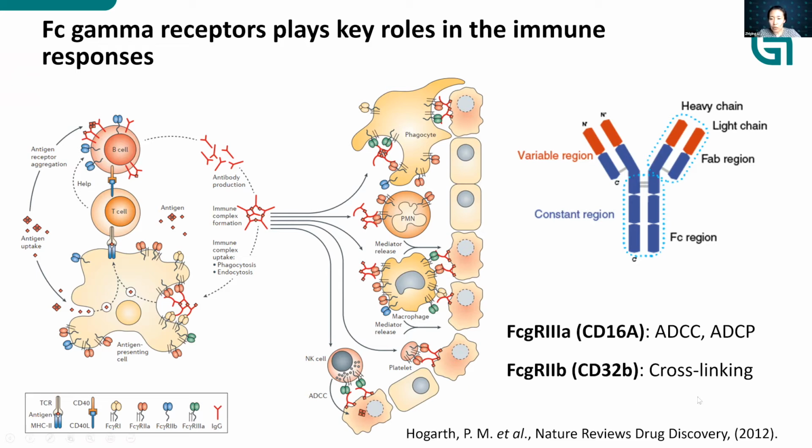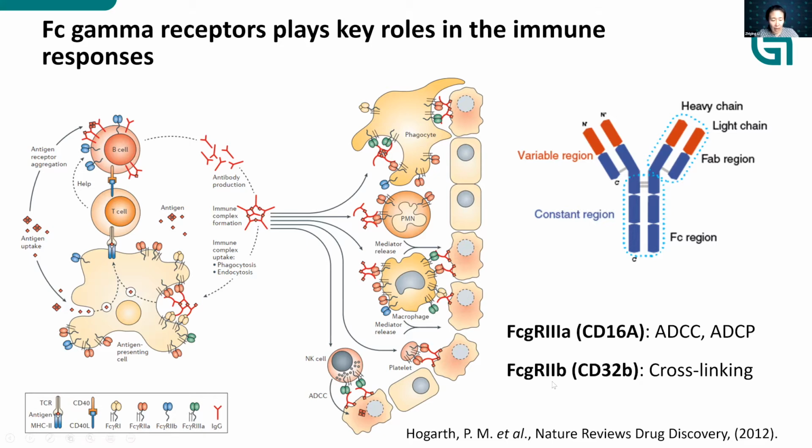I want to give you a short two bullet points, which we'll talk about quite a bit in today's sharing. First is Fc gamma R3A, which is also called CD16A. These are human nomenclature. It is a major activation Fc gamma receptor, and is mostly responsible for ADCC and ADCP.